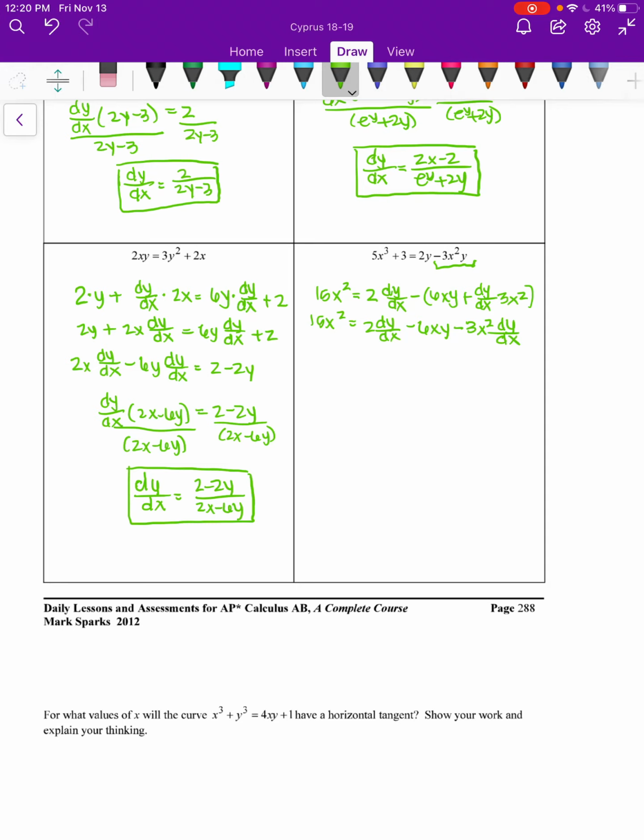Okay. The dy/dx's are already on the same side, but I do have to get rid of that negative 6xy and move that to the other side. So I'll have 15x squared plus 6xy equals 2 dy/dx minus 3x squared dy/dx. And then factor out the dy/dx and divide both sides by 2 minus 3x squared.